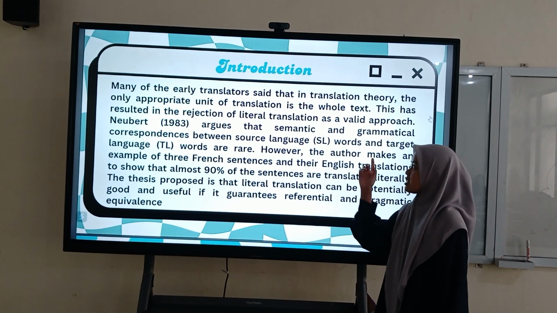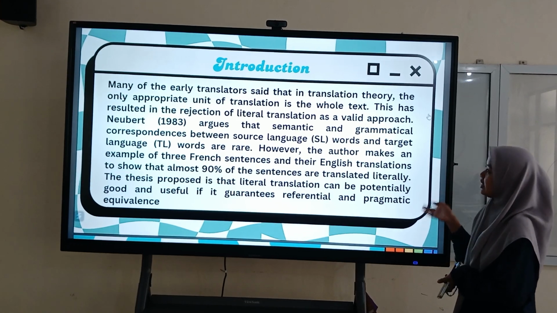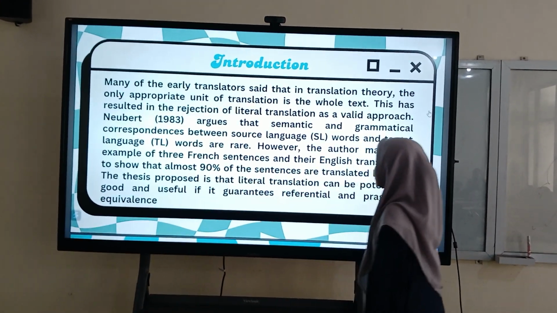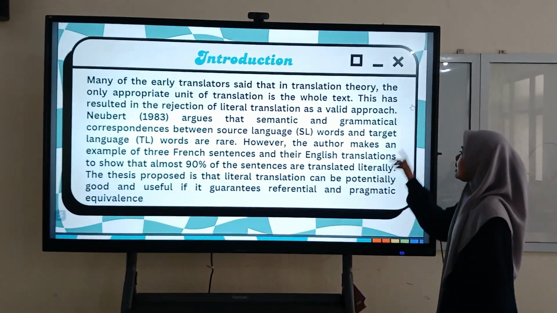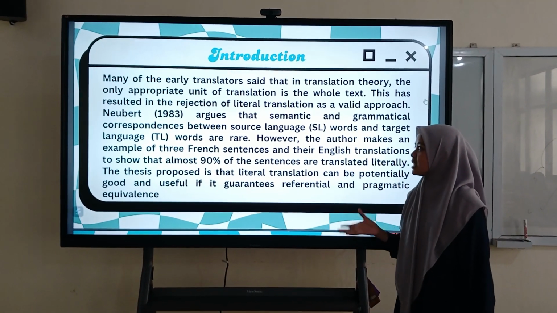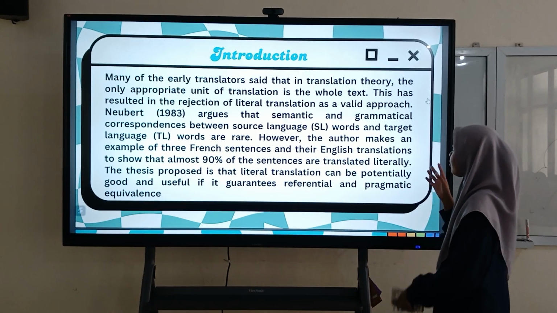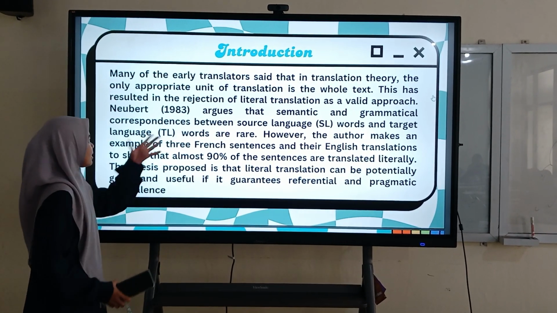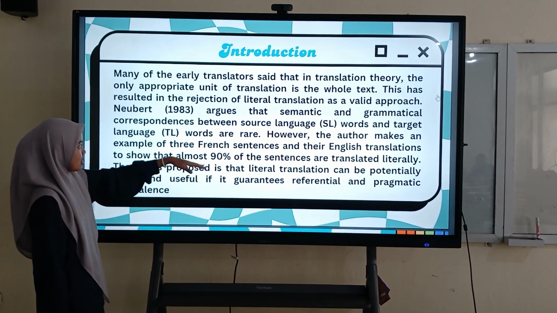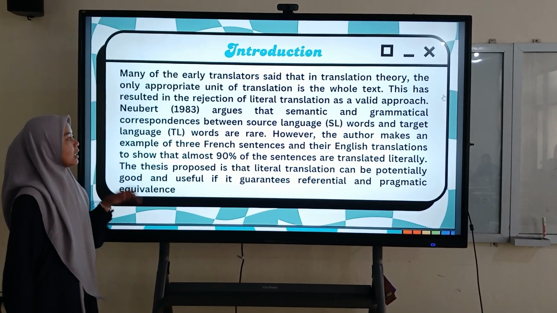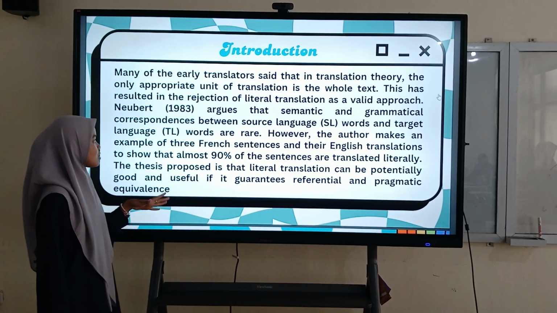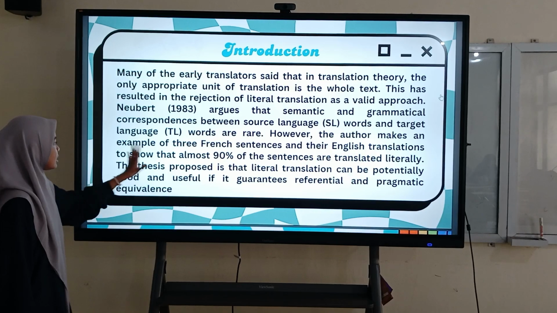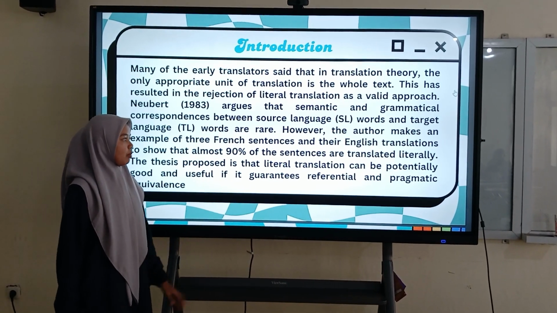Many early translation theories say that the only appropriate unit of translation is the whole text. This has resulted in the rejection of literal translation as a valid approach. Semantic and grammatical correspondences between source language (SL) words and target language words are likely.